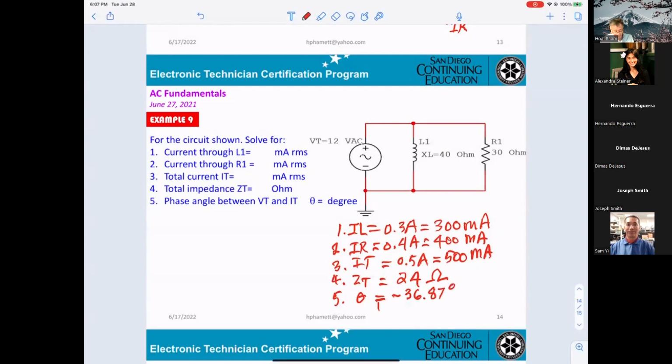Okay, make sure if you get the same answer, let me know. Otherwise, that will be done for this example 9 on the calculation. So, I did it, same thing.